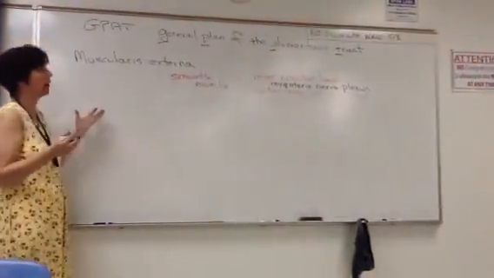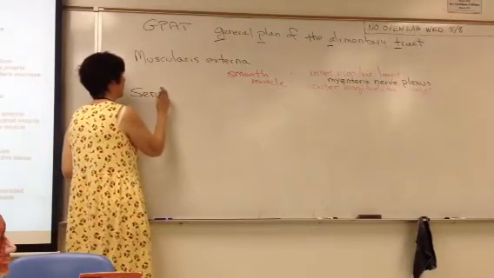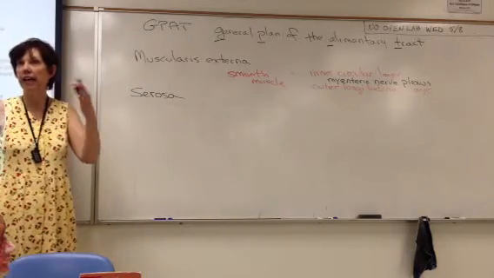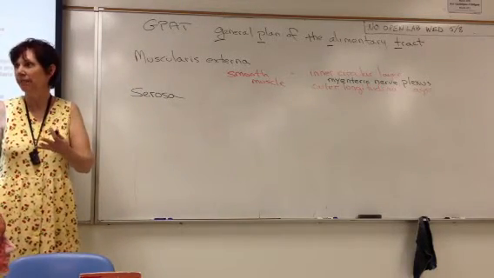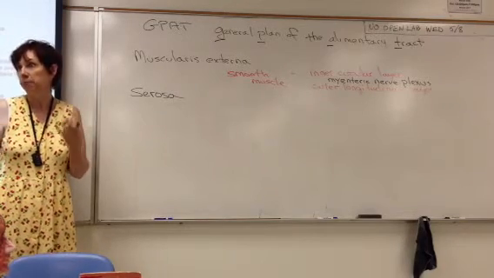That then brings us to our fourth layer, the outermost layer, which is known as the serosa. So this would be like calling the outer layer of the heart the epicardium, but it was also the visceral pericardium.